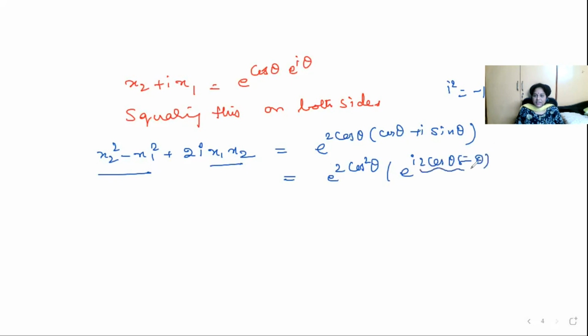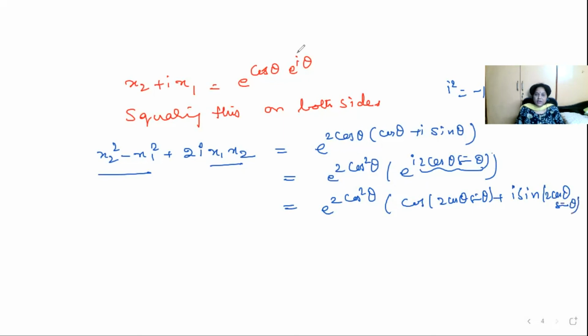Completely, this is the angle, which we can write as e raised to 2 cos square theta into cos of 2 cos theta sin theta plus i times sine of 2 cos theta sin theta. Now it is easier to compare the real and imaginary values.